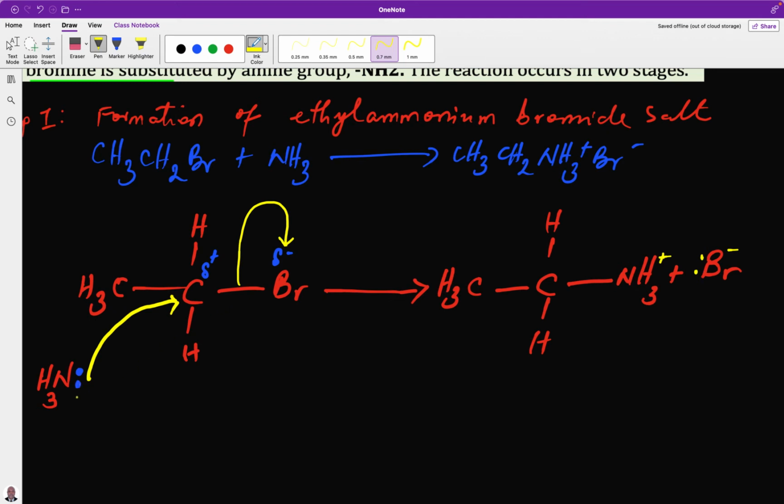So these electrons from the nitrogen of ammonia are donated to the positively charged carbon, and this is the bond that is formed.